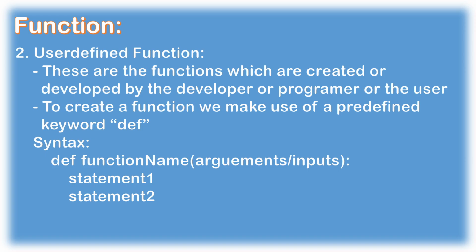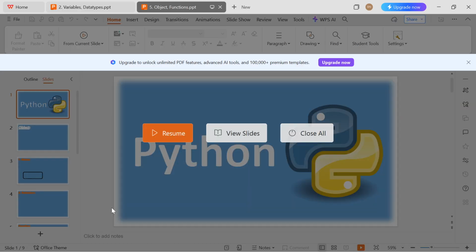When we call only the function name without parentheses, we get a method or function definition, which is also called as memory location or memory address of the user defined function. Let's see the example.